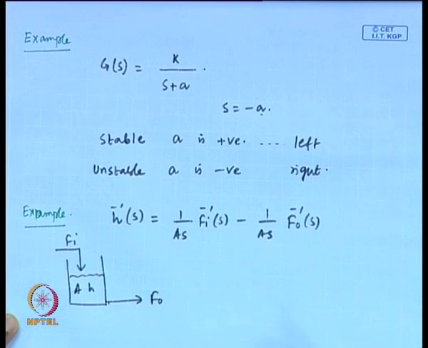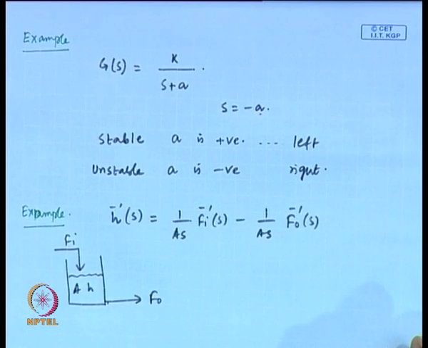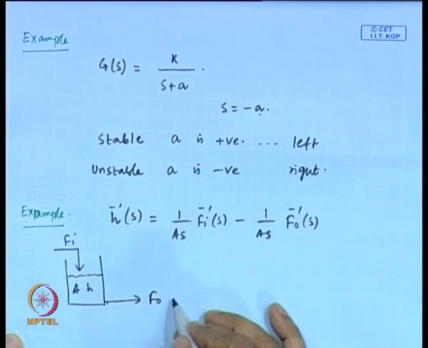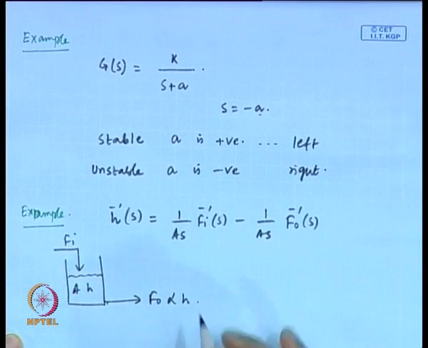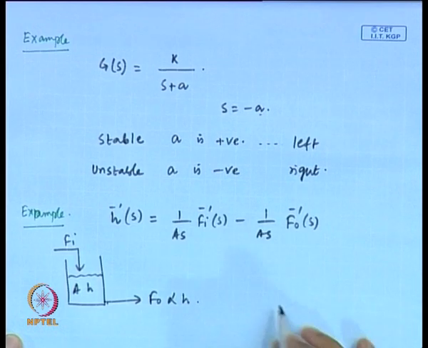Fine. A is the cross sectional area and h is the height. Now, we can do one thing, we can consider F is proportional to h. We are just trying to modify this example, fine.